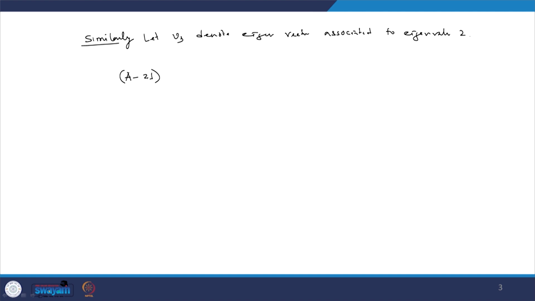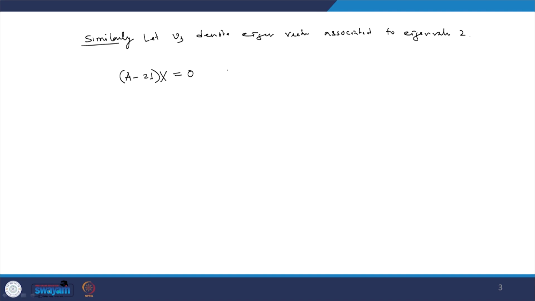Similarly, let V3 denote the eigenvector associated to eigenvalue 2. Then I have to solve (A minus 2I)X equal to 0.